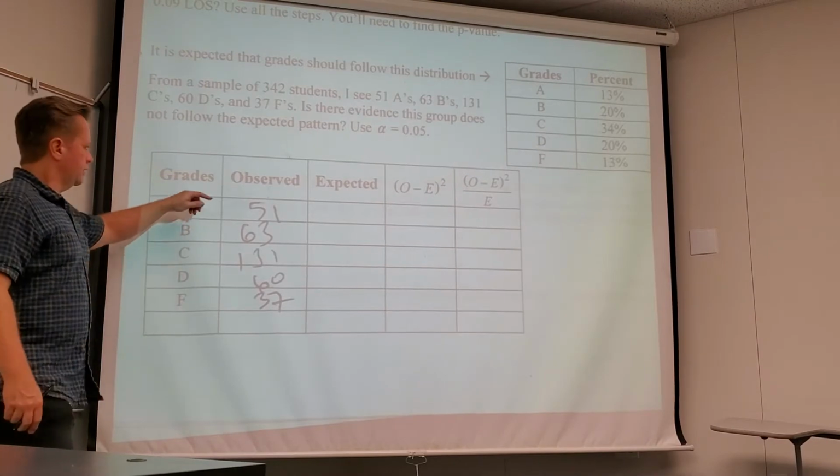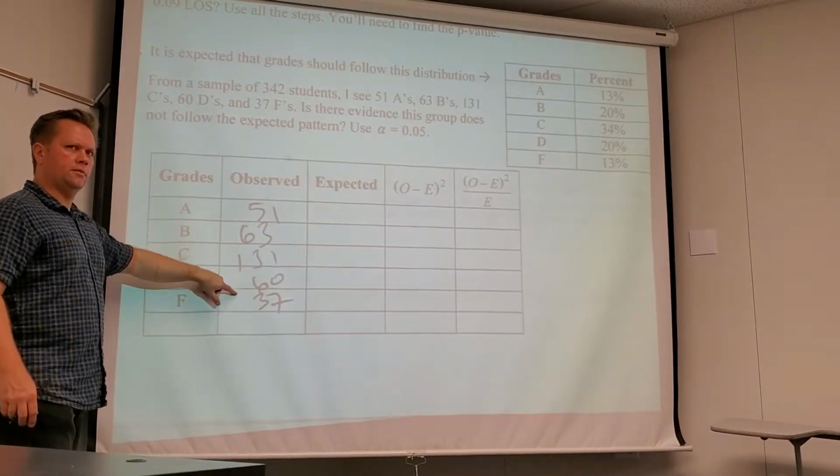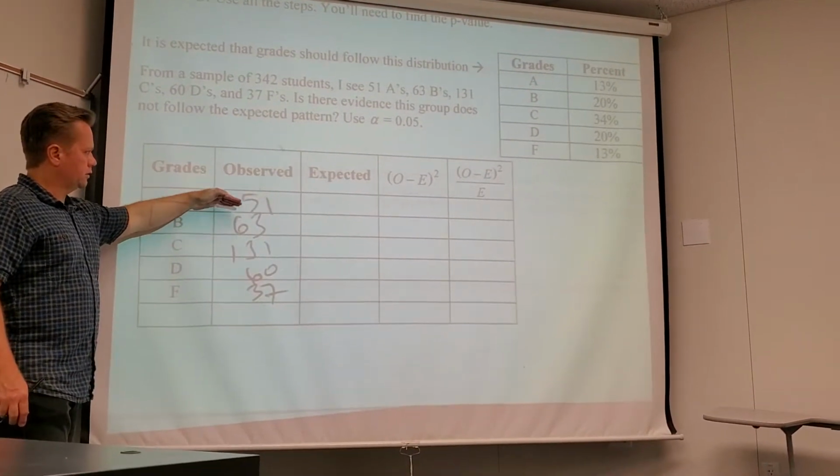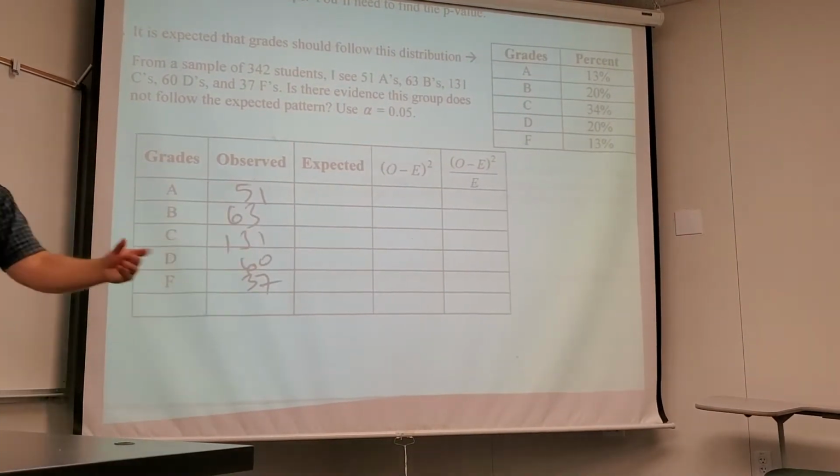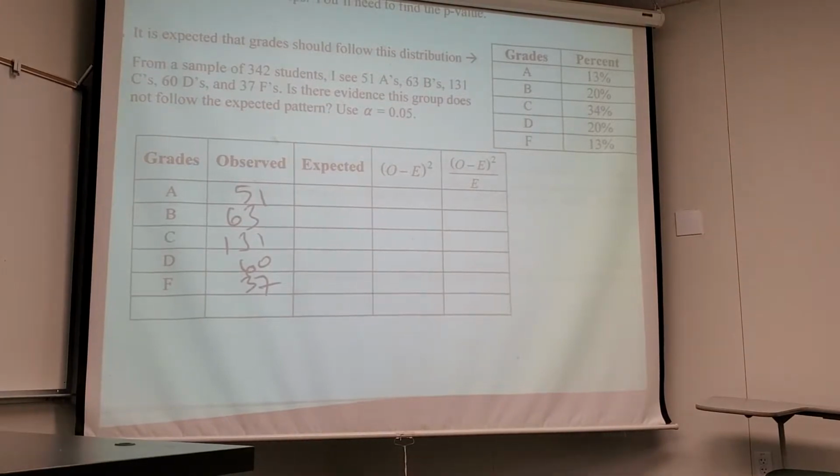And if you just look at this column, does it look like it might be normal? Starts low, goes up, goes back down. It looks roughly normal. So this test is really to see, is it normal enough?